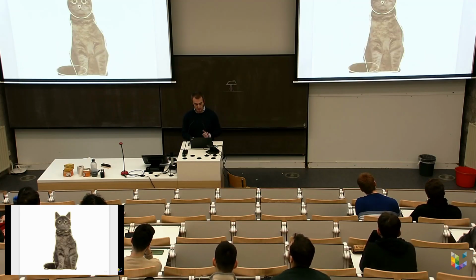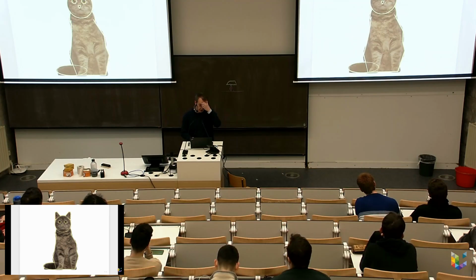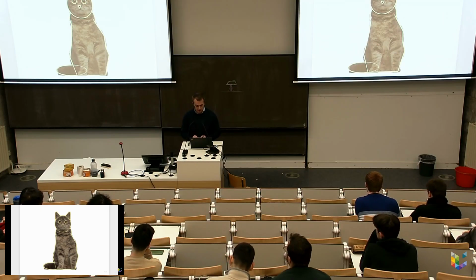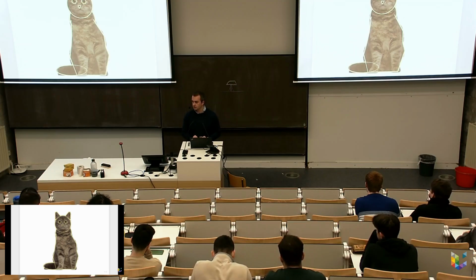It's made of a head, a body, and a tail. To the head there are two ears attached. They are pointy, so you can just say they are triangles. Inside the head there are two eyes, there is a nose, and so you can be as sophisticated as you want, and try to describe as precisely as possible the concept of a cat to a computer.